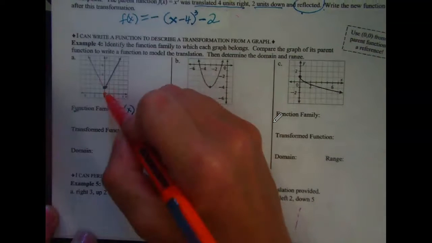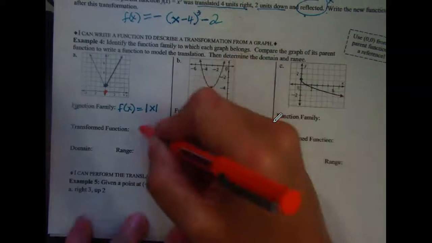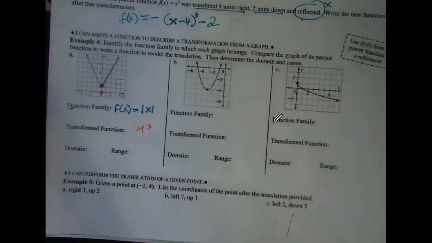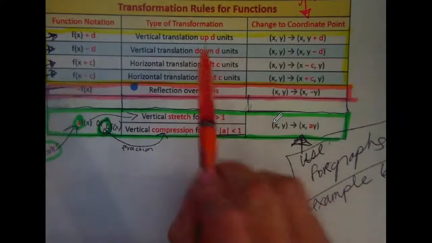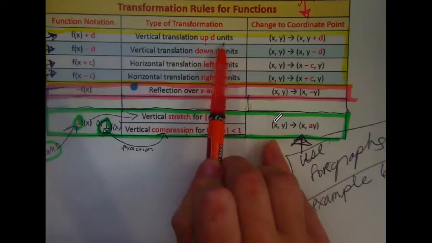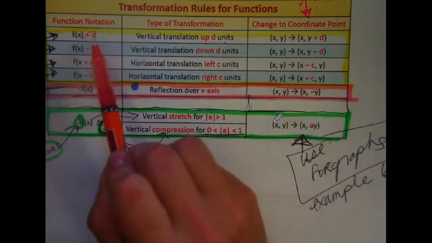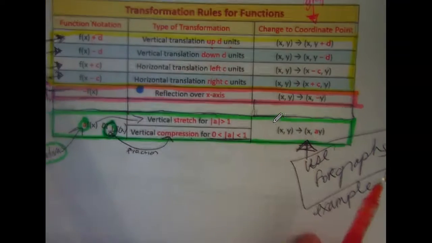So it looks to me like it went up 1. So if it went up 1, I'm going to look in my chart for those keywords, where it goes. I'm going to use this back chart now because I'll be using it for the domain and range. But again, I went up a certain amount, so that means on the outside, not in parentheses, I'm going to put a plus 1.